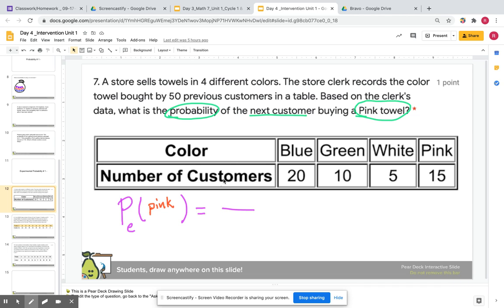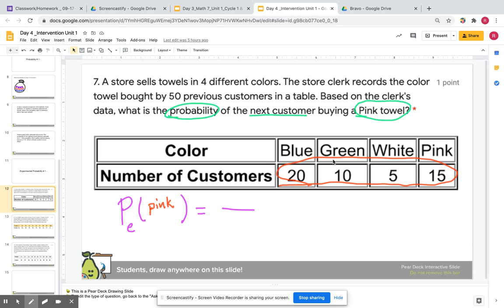We have to be very careful before we create our fraction. Let's read the problem once more. A store sells four different colors, and they recorded data for 50 customers, and this is the data that was produced. Tell me how many customers bought blue.